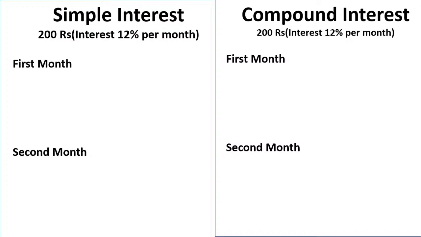First we'll look at one example and then we will proceed. Here I have compared both simple interest and compound interest. First we'll see what is actually the meaning of simple interest.